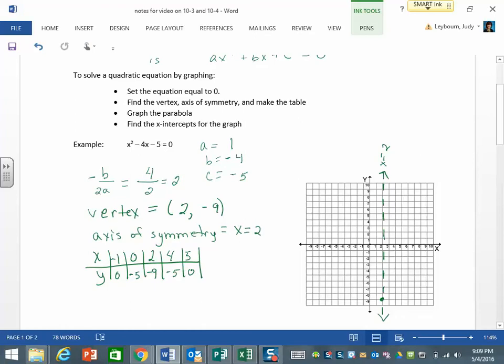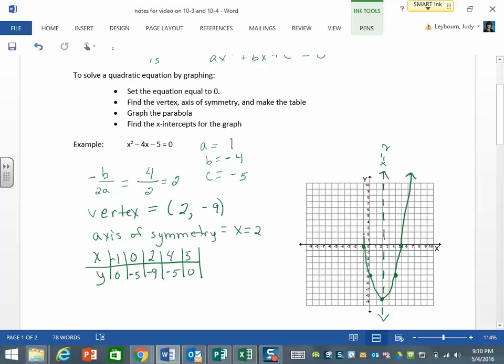If I graph them, there's my (4, negative 5). Here's my (5, 0). Now I have (0, negative 5), and I have (negative 1, 0). If I try to draw my parabola, it's looking something like this.